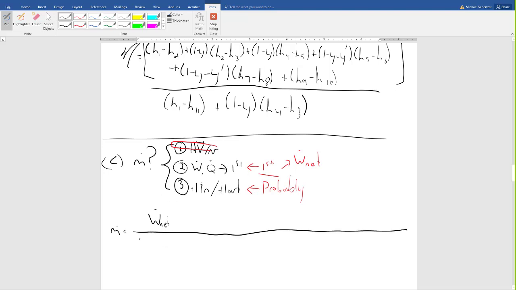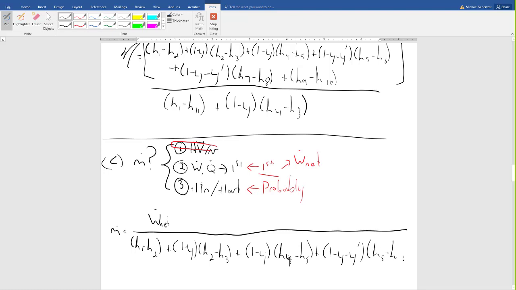It's not straight, but it's not terrible. h1 minus h2 plus 1 minus y, h2 minus h3 plus 1 minus y, h4 minus h5 plus 1 minus y prime, h5 minus h6 plus 1 minus y prime, h7 minus h8 plus h9 minus h10.